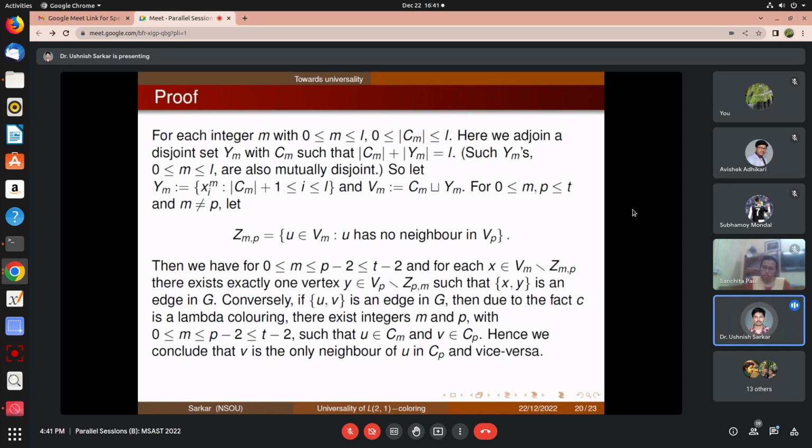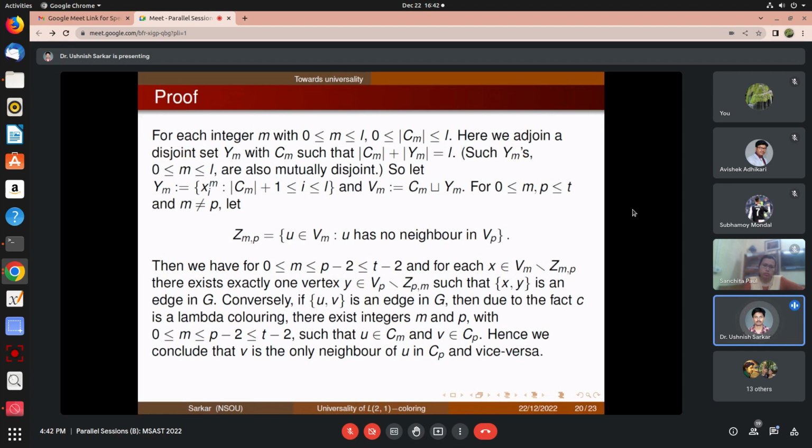Now I am constructing a set Z_mp. What is Z_mp? It is those vertices of V_m such that u has no neighbor in V_p. So we can see that for suitable m and p, where m and p are separated by at least distance 2, and for each x belonging to V_m minus Z_mp, there exists exactly one vertex y in V_p minus Z_pm, such that xy is an edge.